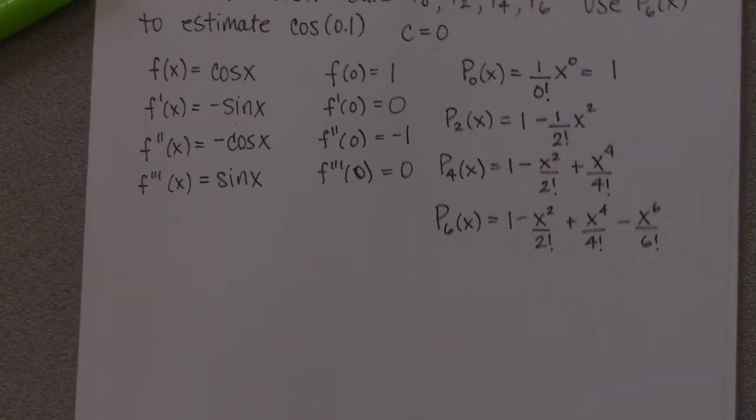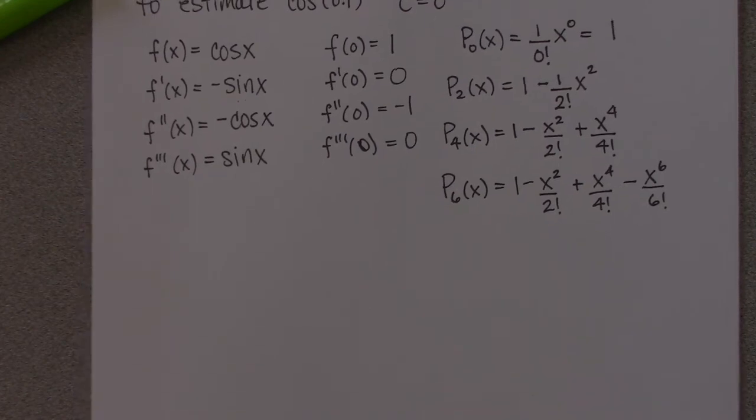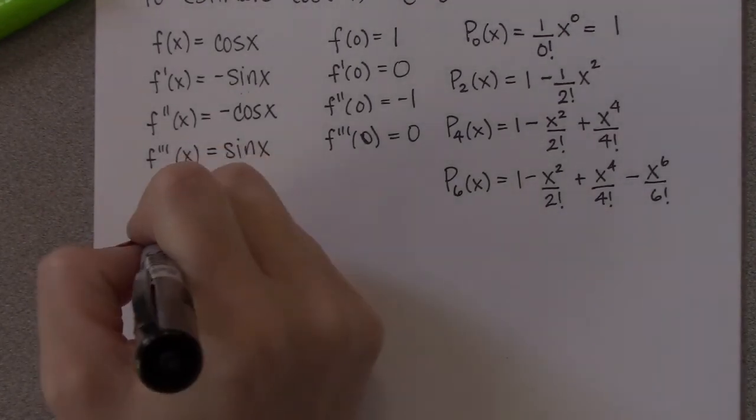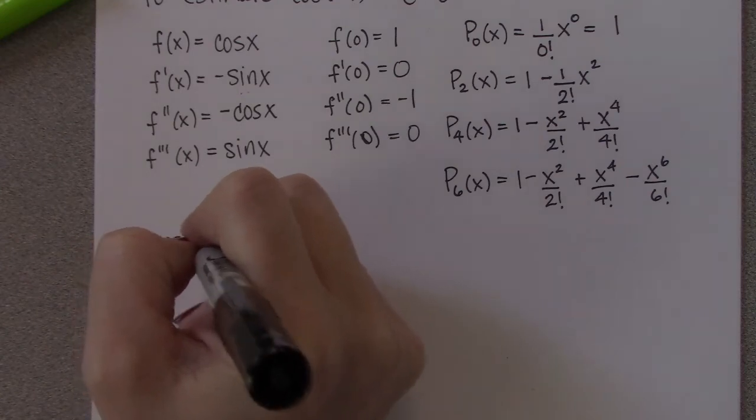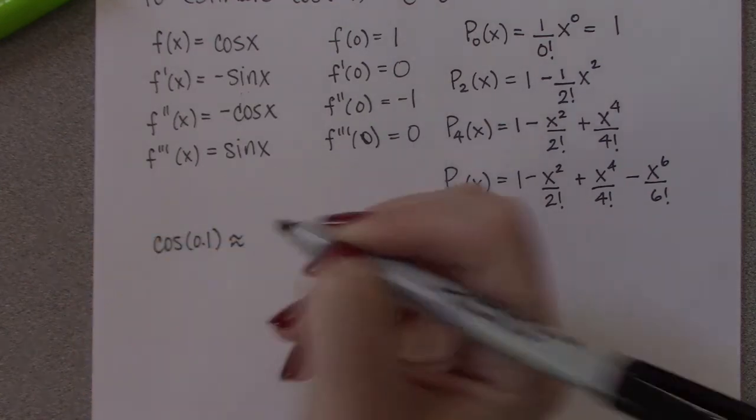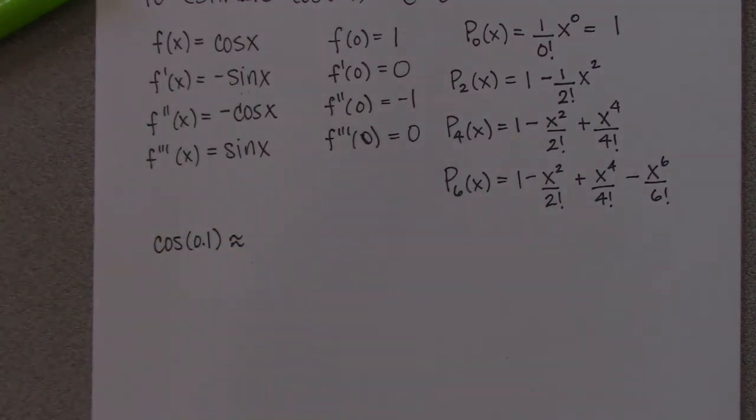All right, so now let's use this to estimate cosine of 0.1. So cosine of 0.1 is approximately, it can't be equal unless you use the entire series.